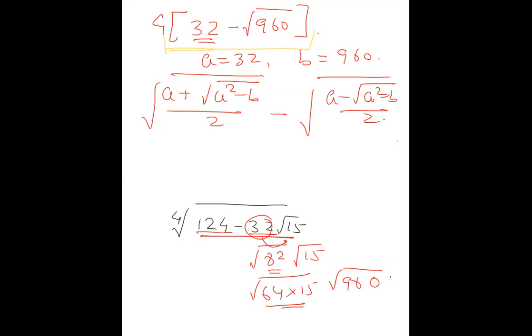Taking 4 common from this, so I'm getting 32 and under root of 96, right? From this we can see this is 96, 960 and under root of this, right? So from this I can say A is equal to 32 and B is 960. Apply the formula, right? A is 32 plus this A square, 32 square is 1024 and this is 960, right?